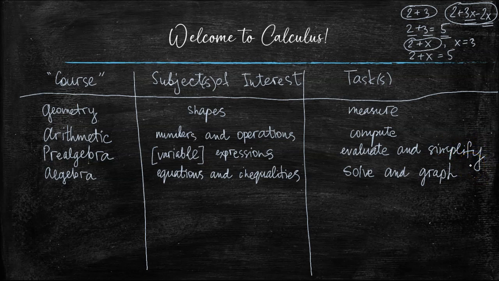So if I ever ask you to simplify something, like, for example, I can ask you to simplify the right side of the equation, that's what I would refer to as a pre-algebraic task. Now, you may not realize this, but expressions are building blocks of pre-calculus.